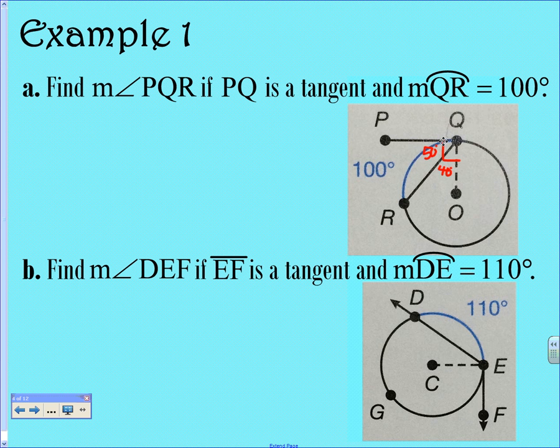Okay. Looking at the next one. Angle DEF. We want to find it if EF is tangent.